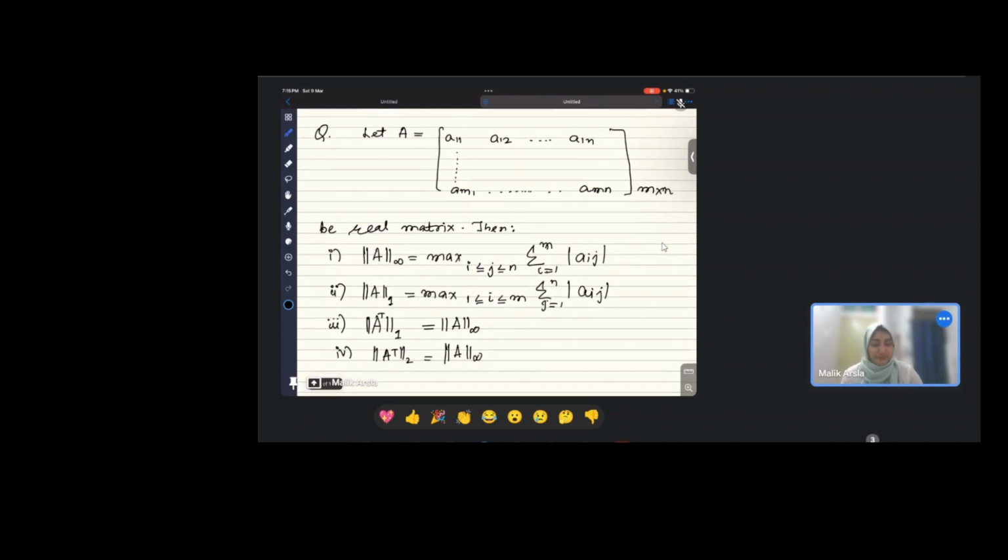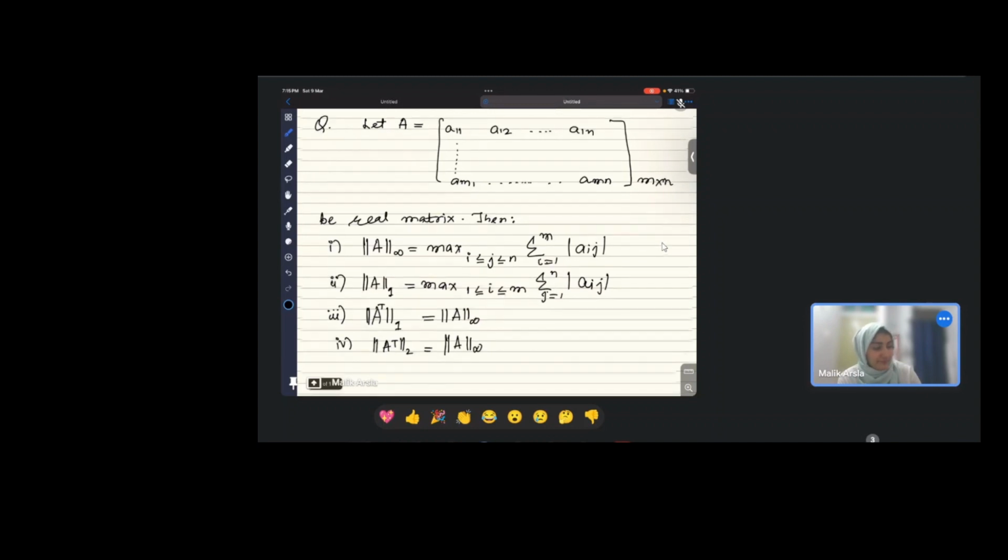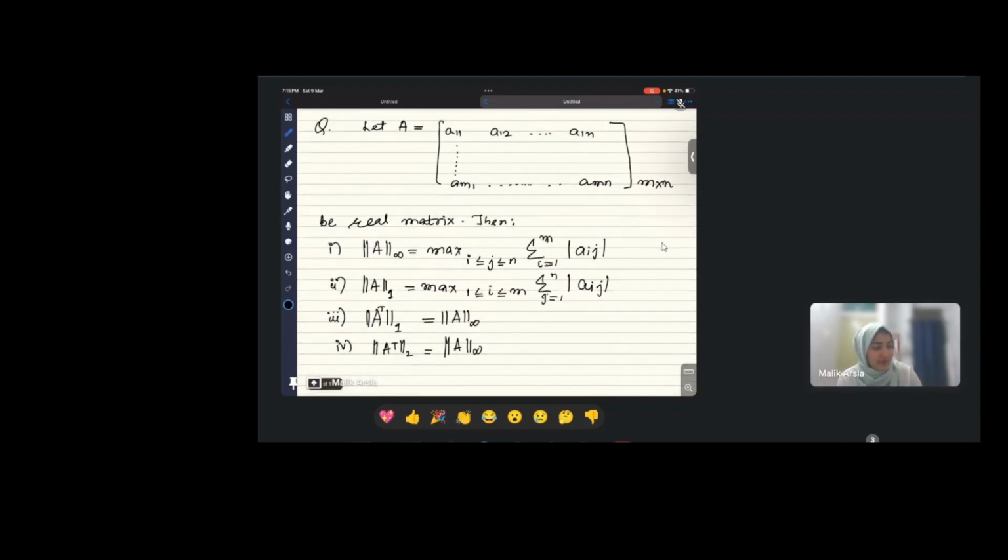Can you tell me which option is correct? You can think over it for a minute and then tell me which option you think is correct. The third one is correct, as already discussed in the class.